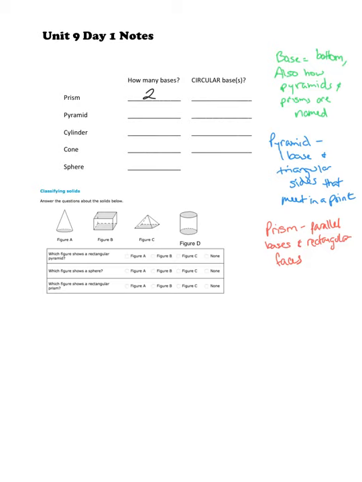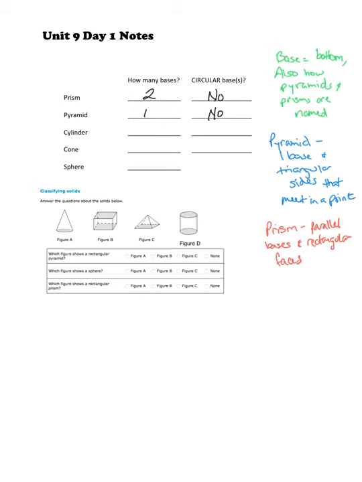Okay, a prism does not have a circular base. A pyramid has one base. Does it have a circular base? No. Because the definition of a pyramid is one base and triangular sides that meet in a point. If the base is a circle, the sides will not be triangles.